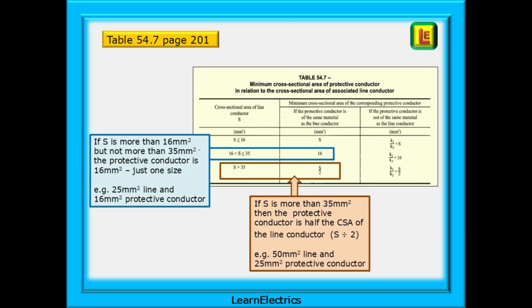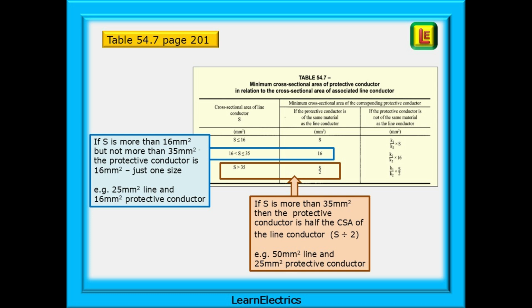The middle row in blue shows us what to select if the line conductor S is more than 16 square millimeters but not more than 35 square millimeters. The protective conductor is 16 square millimeters, just one size. For example, 25 square millimeter line and a 16 square millimeter protective conductor.